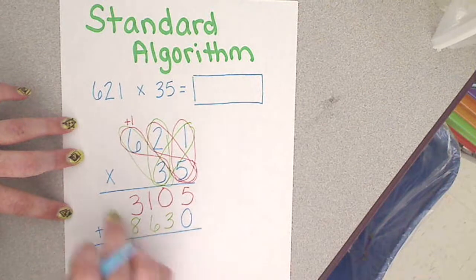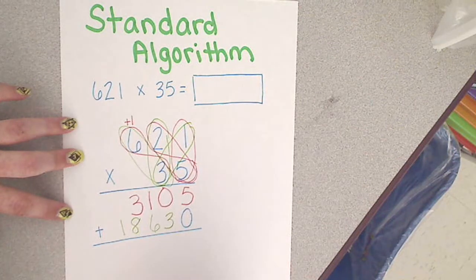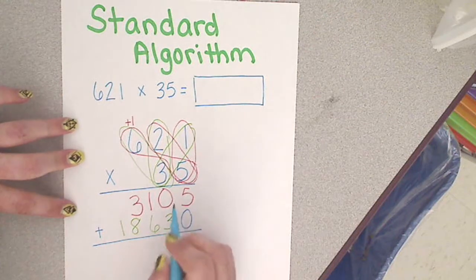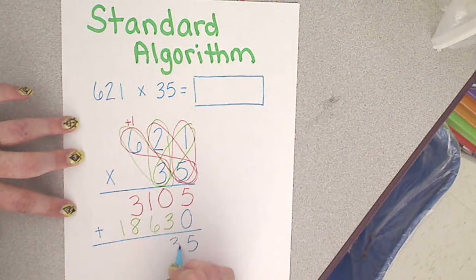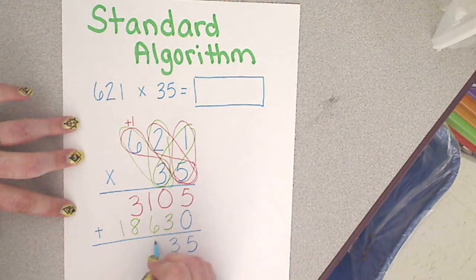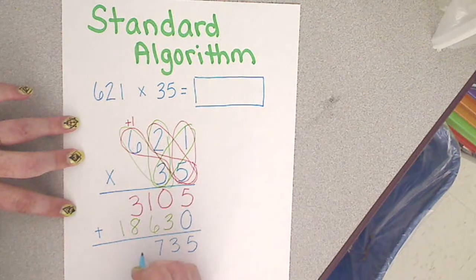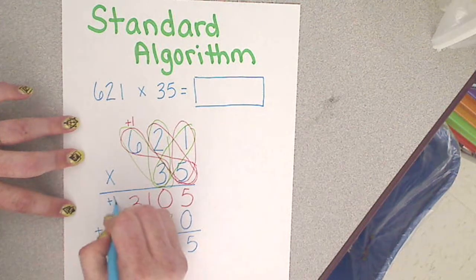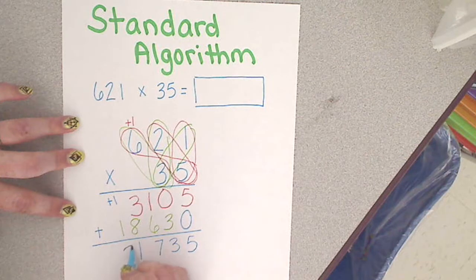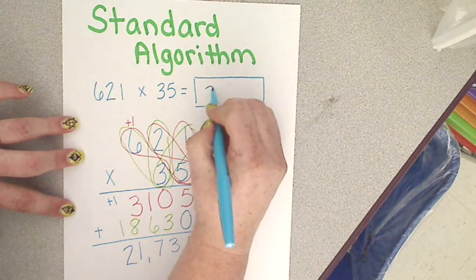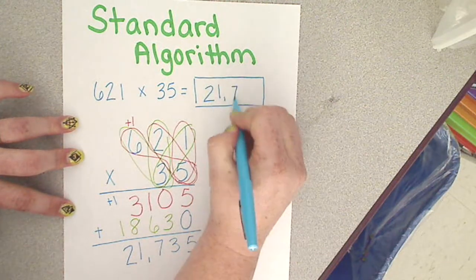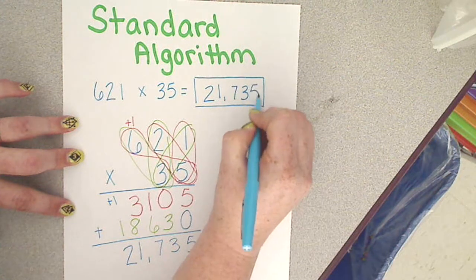I'll even show you how this breaks down here in a second. 5 plus nothing is 5. Nothing plus 3 is 3. 1 plus 6 is 7. 3 plus 8 is 11. I leave my ones, I carry my tens. 1 plus 1 is 2. 21,735.